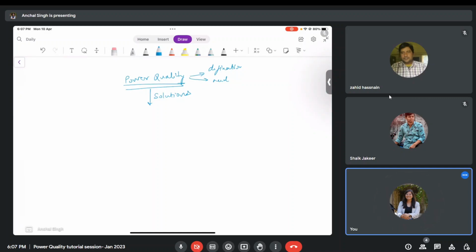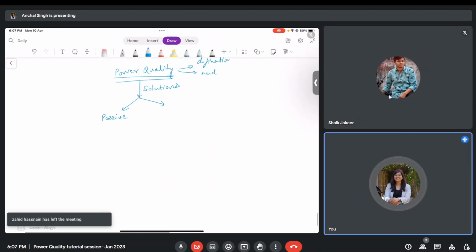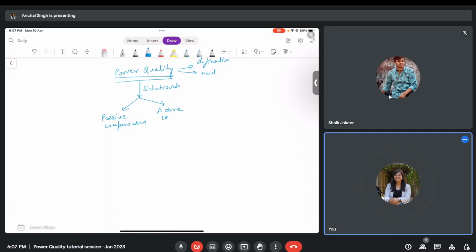of power quality. When you talk about the solutions for power quality improvement, they are broadly categorized into two major categories. One is passive kind of compensation, and another one is active kind of compensation.